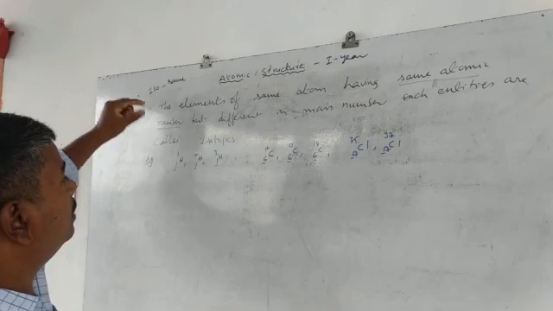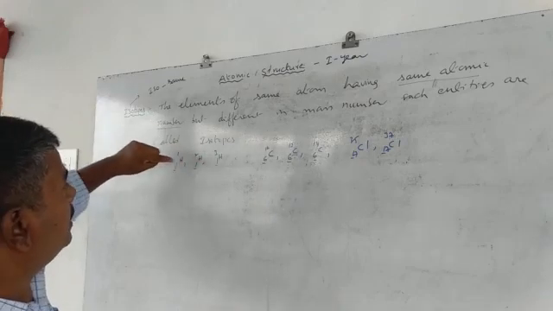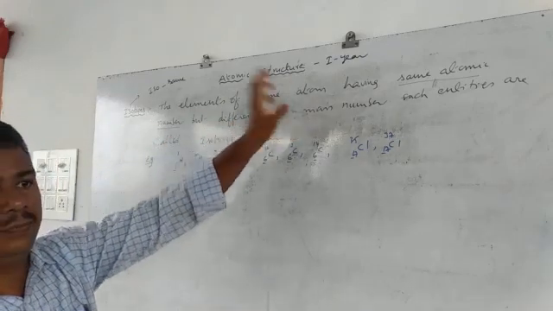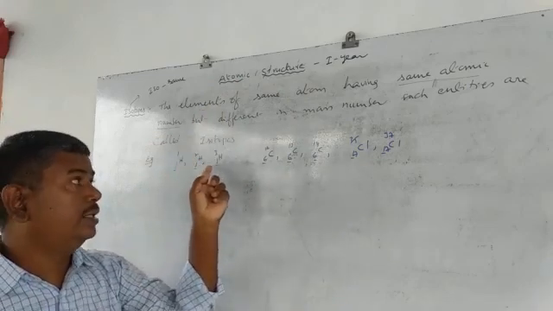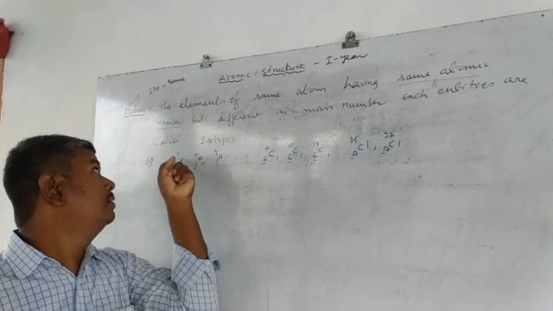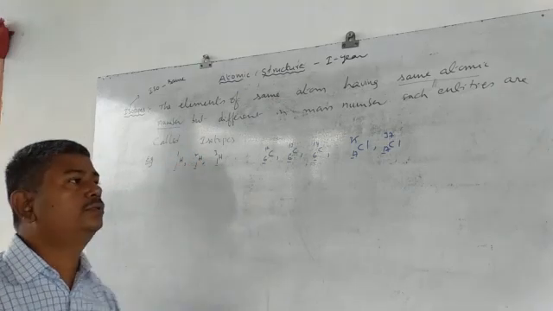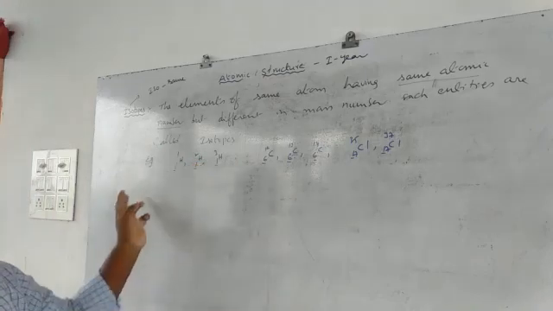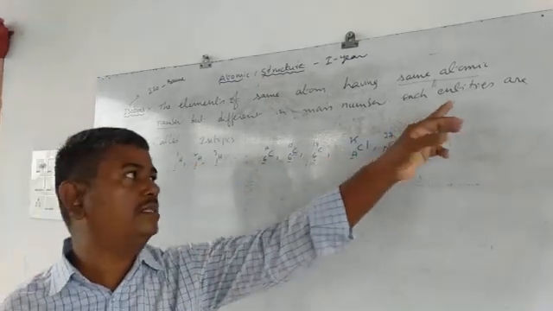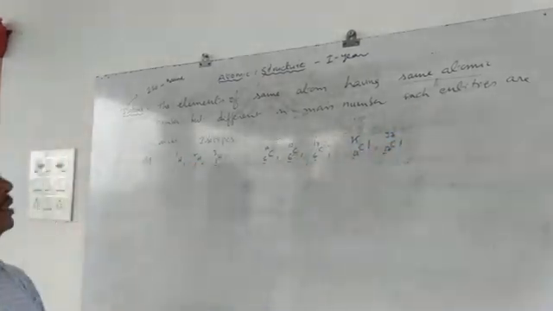So isotopes means all the atoms that belong to the same kind of element. All the atoms belong to one same kind of element only. And which are different here? The mass numbers are different. So if same atomic number, different mass numbers, such entities are called which one? Isotopes.